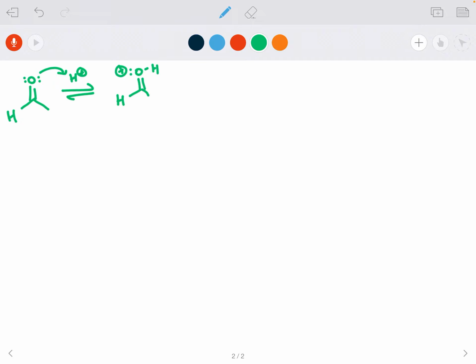Step two, our alcohol is going to come in and attack now. I'm going to use ethanol here. So ethanol comes in, and remember, this ethanol still has the proton on it, so it's going to have a positive formal charge. Then my next step will be deprotonating and getting that hydrogen away.